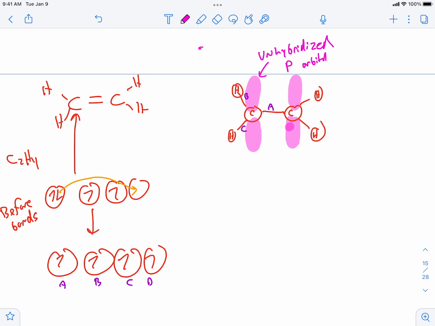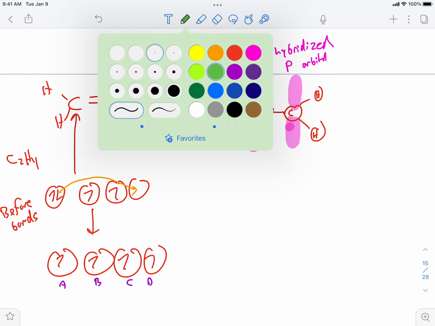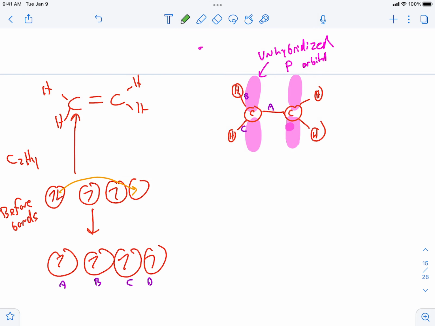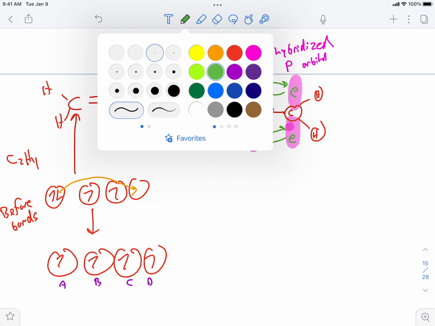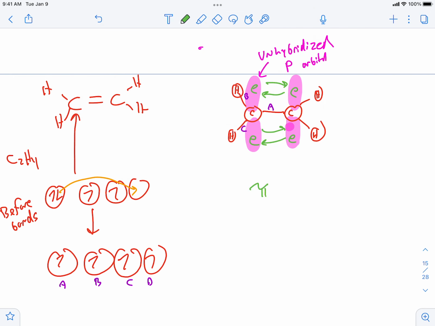And what that does is provide an avenue for electron circulation above and below the original bond. So the electrons here are able to circulate back and forth above and below the original bond. And this is what we call pi bonds.